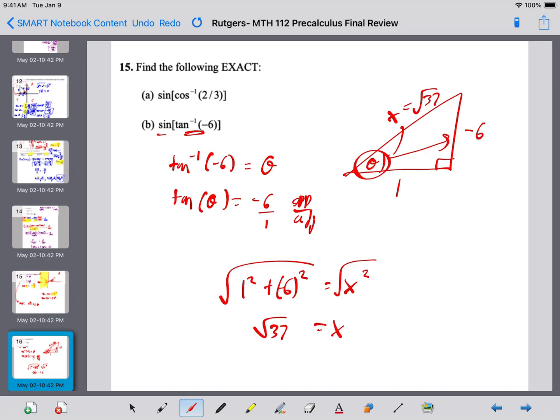So, our answer would be -6 over the square root of 37. Okay. All right.